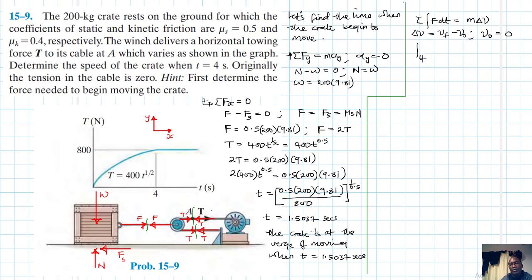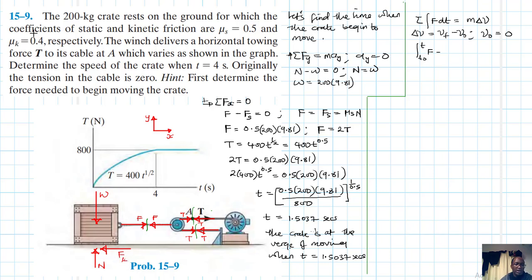So what do we have? We are integrating from t0 to t, and our F here, this is our coordinate system. So we have F here minus, and we can now change this because our object has started moving.